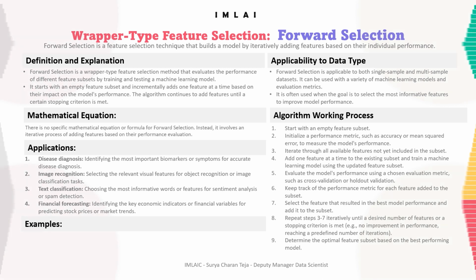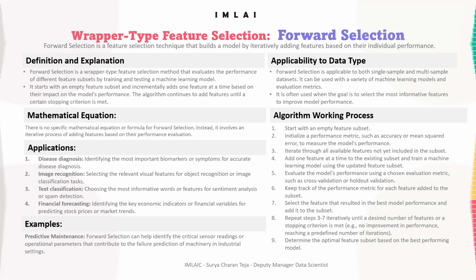And we have two more. We've got credit scoring. In credit scoring, forward selection can be employed to select the most influential variables such as income, credit history, and debt to income ratio for building a credit scoring model that predicts the likelihood of loan default.